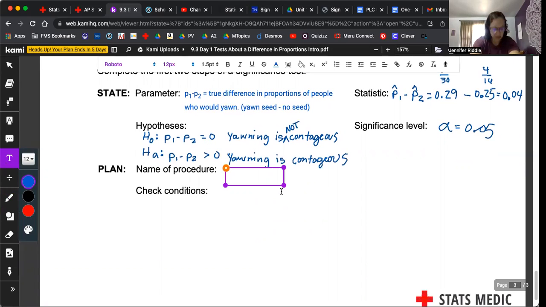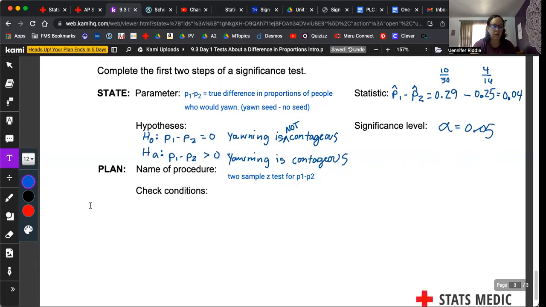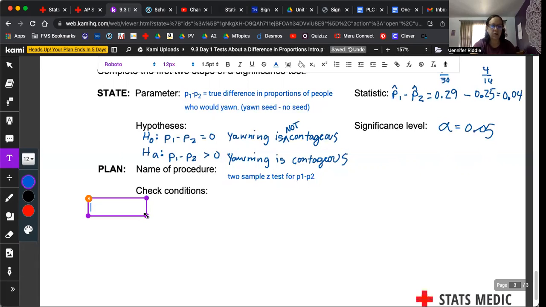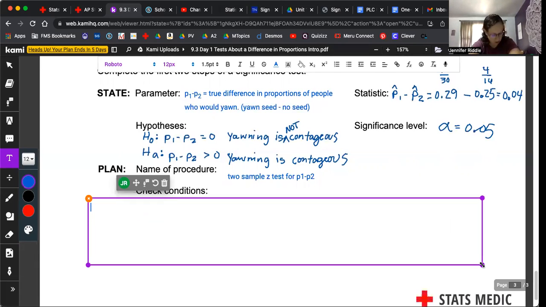Our next thing is to name our procedure. So this is a 2-sample z test for p1 minus p2. And then we need to check our 3 conditions. The first condition is always random.